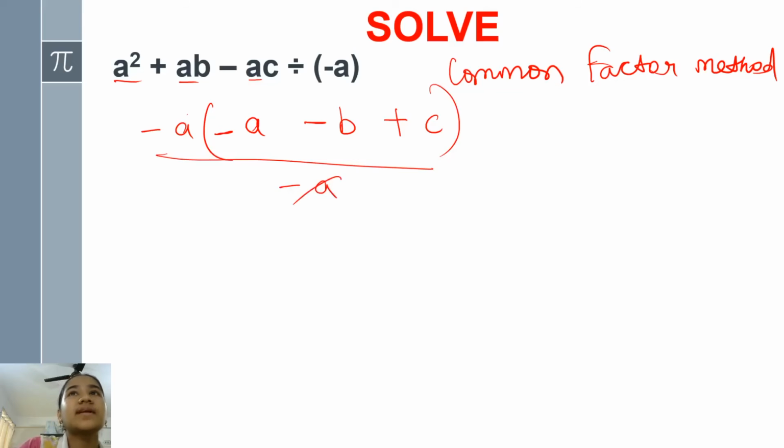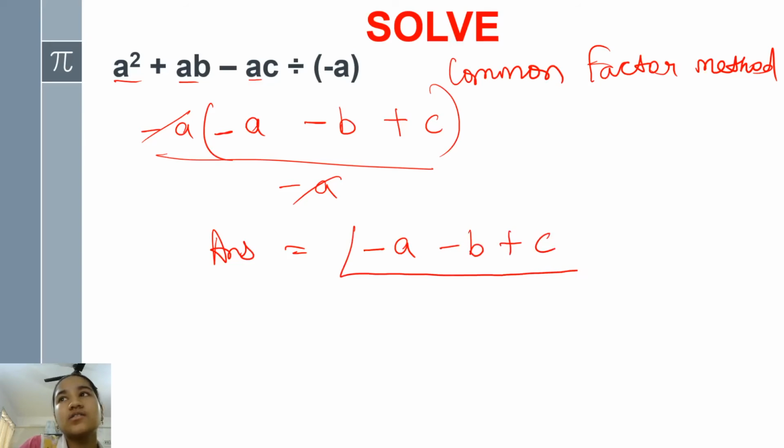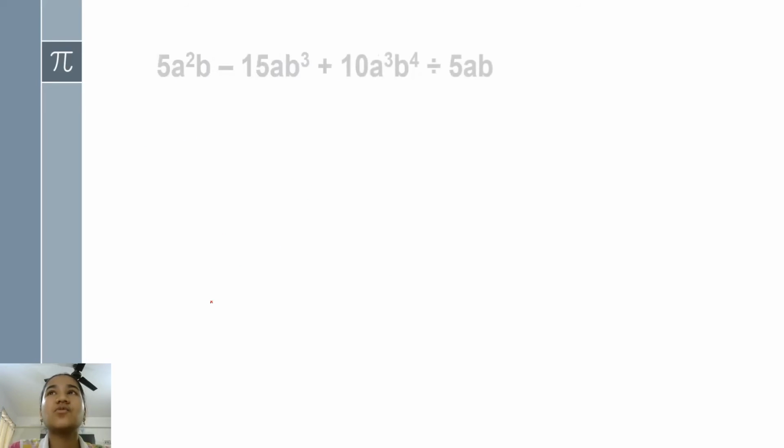So minus a and minus a cancel. The answer is equal to a minus b plus c. Did you understand? By taking the common factor, just keep a note of signs. You have to analyze it: minus into minus will be plus, then minus into minus will be plus, and then minus into plus will be minus. So what sign should be inside? You have to analyze it. Okay, this is done.